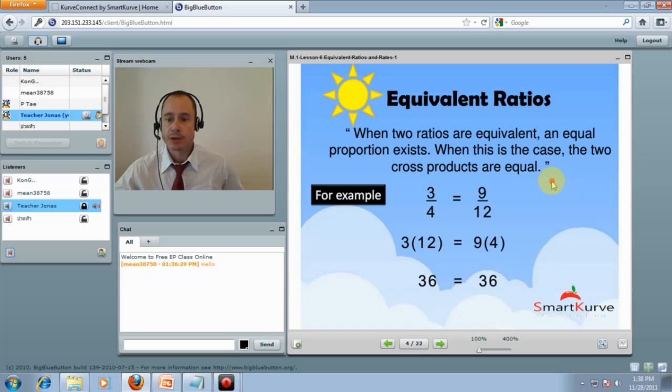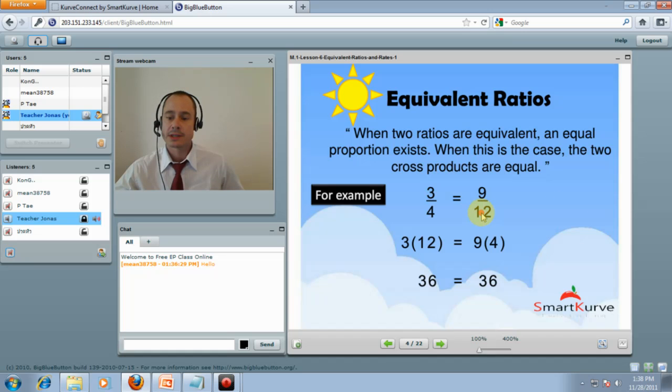So, equivalent ratios. When two ratios are equivalent, an equal proportion exists. When this is the case, the two cross products are equal. Now I will show you what the cross product is. 3 divided by 4 is equal to 9 divided by 12.